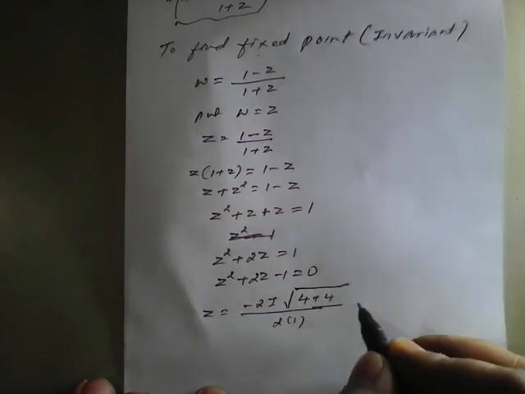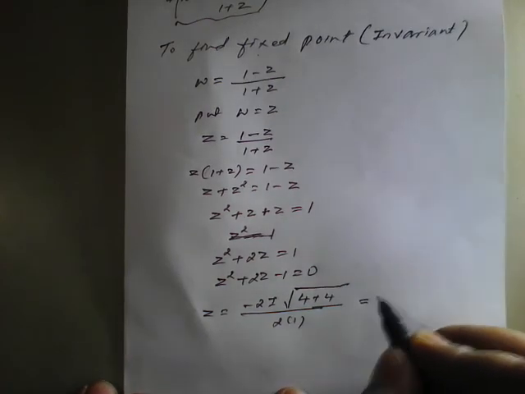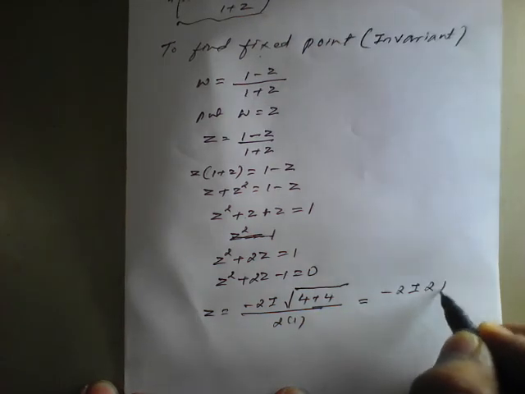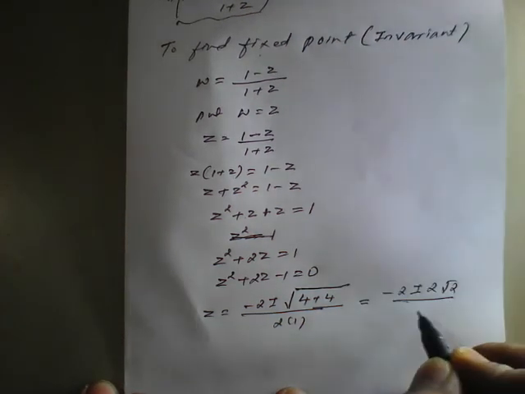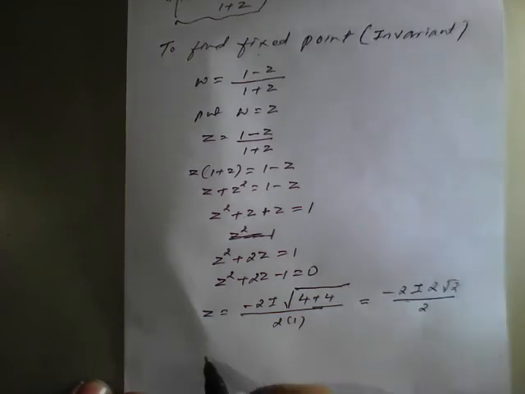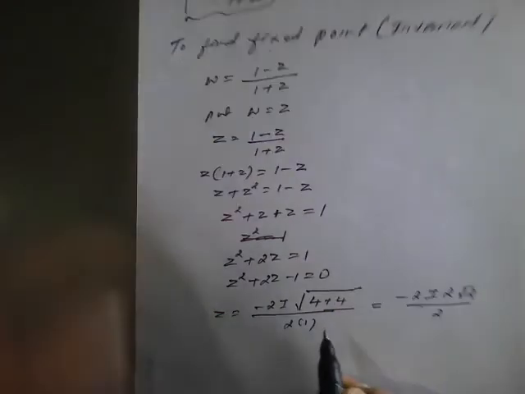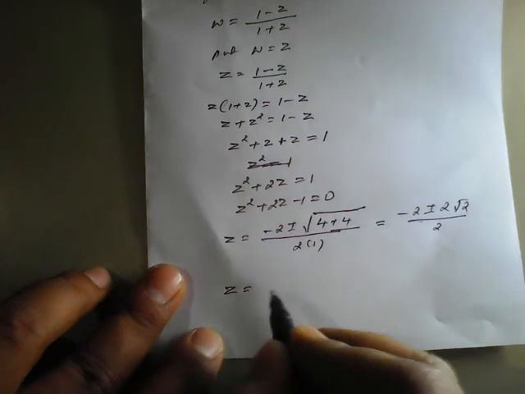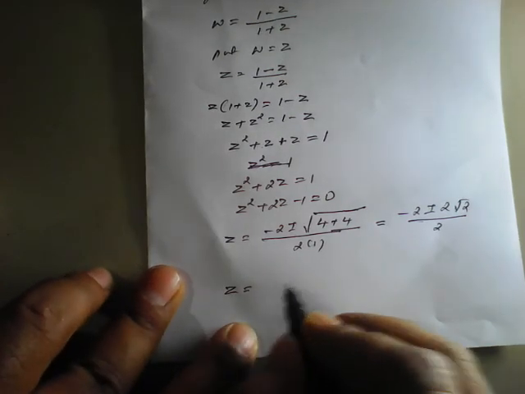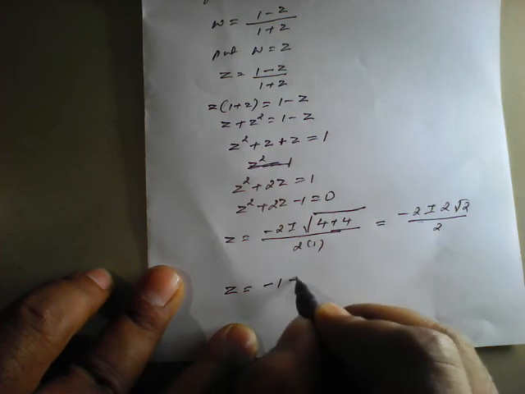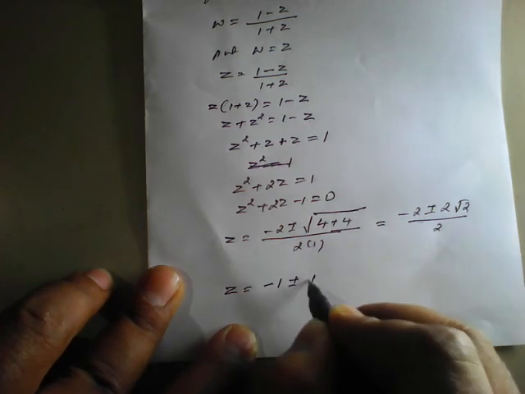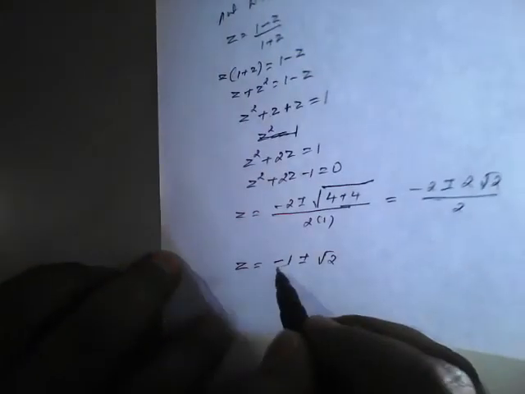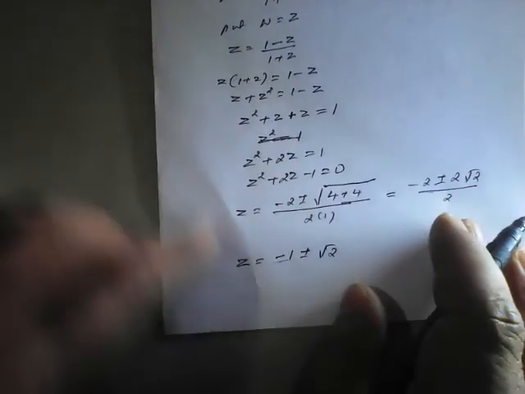So on simplification we'll get -2 plus or minus 2 root 2 divided by 2, or z is equal to how much here? -1 plus or minus root 2. So this is what we call the fixed points. We have two fixed points.